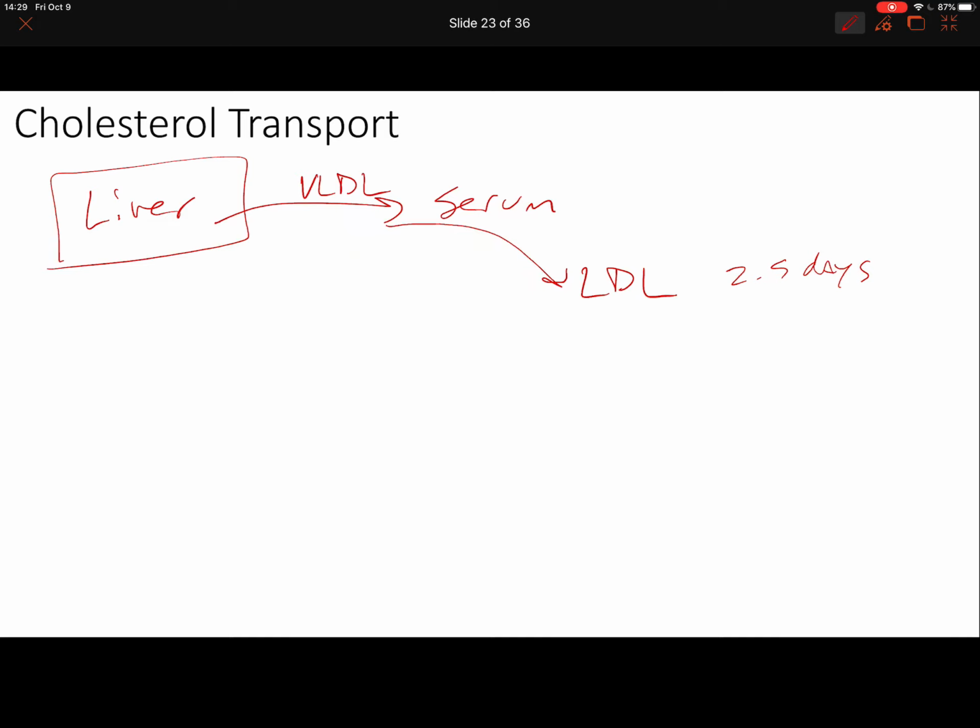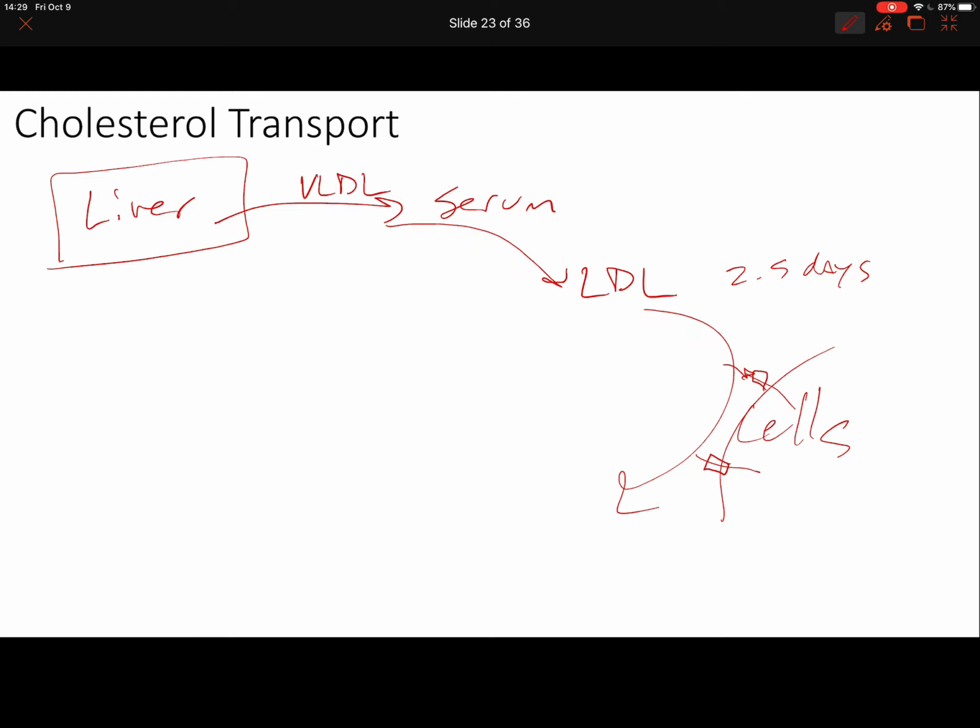Now, LDL carries cholesterol to the cells, where specific LDL receptors on cells will bind to it. After binding, the LDL is taken into the cells.